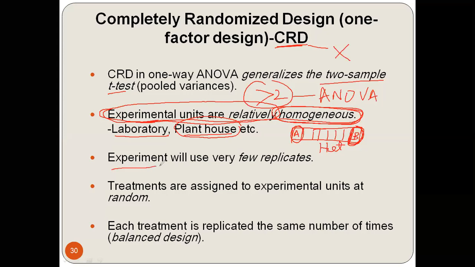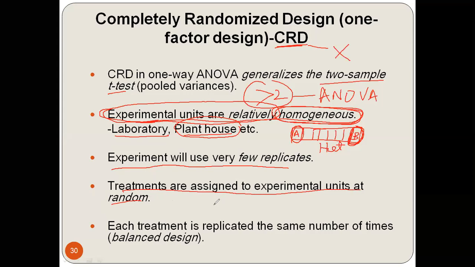The other fact is the experiment will use very few replicates, not a very high level of replicates. And treatments are assigned to experimental units at random. That is another important aspect.